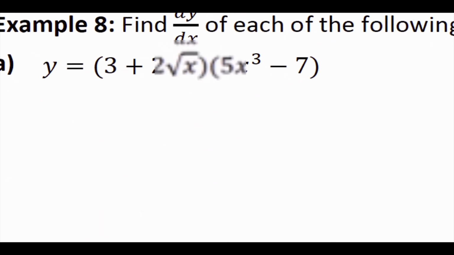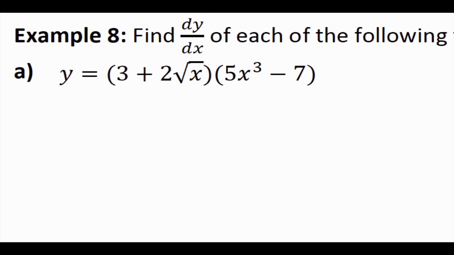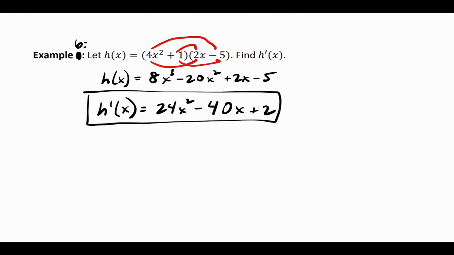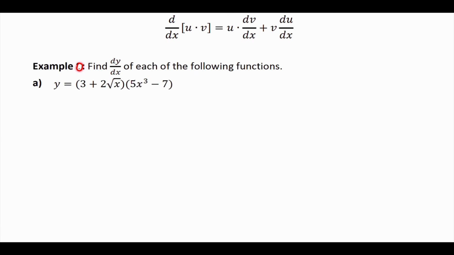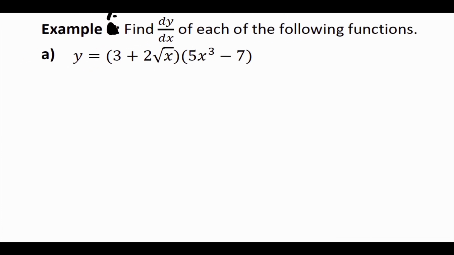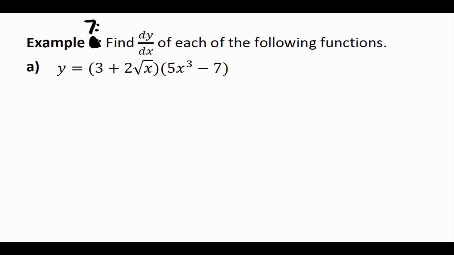So we have a problem kind of like we just had last one, right? We could have used the product rule on number 6, but we didn't know about it until now. So number 7. Okay. Before I use the product rule, though, I have to make sure everything's got a power. Okay?